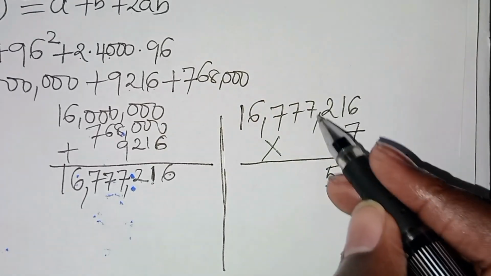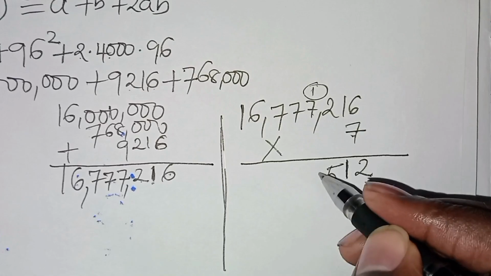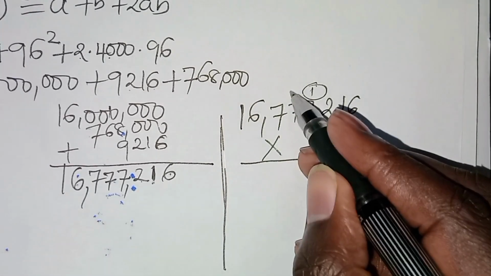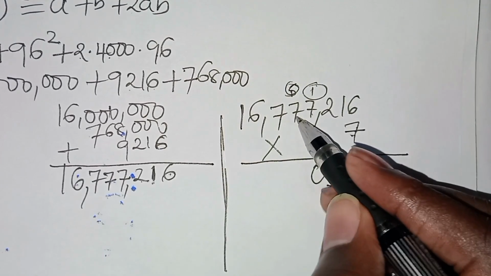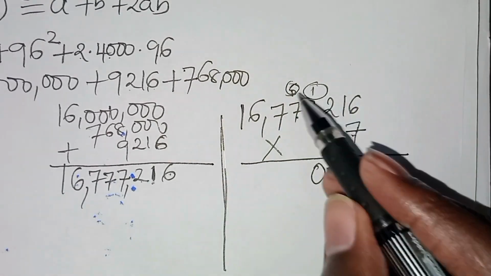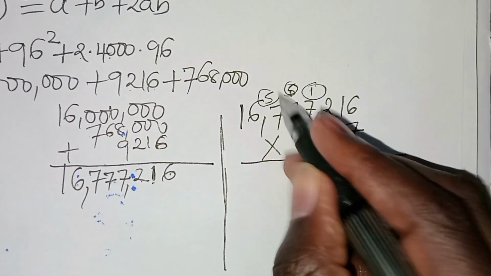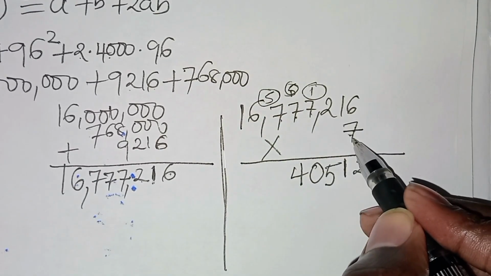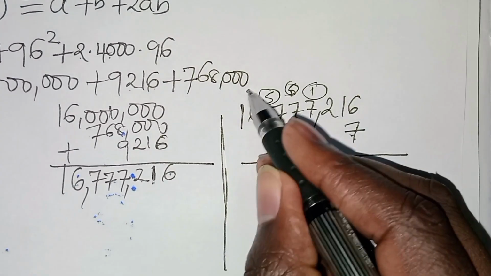Carry 1 again. Okay. Then 7 times 7 is 49 plus 1. This is 50. Okay. Here we carry 5. And then 7 times 7, which is 49. 49 plus 5, which is 54. Carry 5. Then 7 times 7, it's 49 plus 5. Again, this is 54. Carry 5 here.